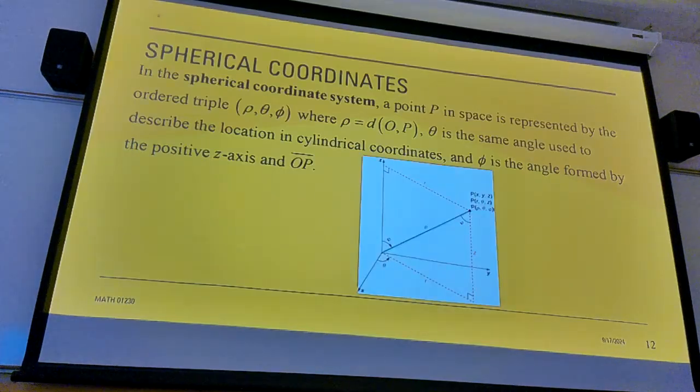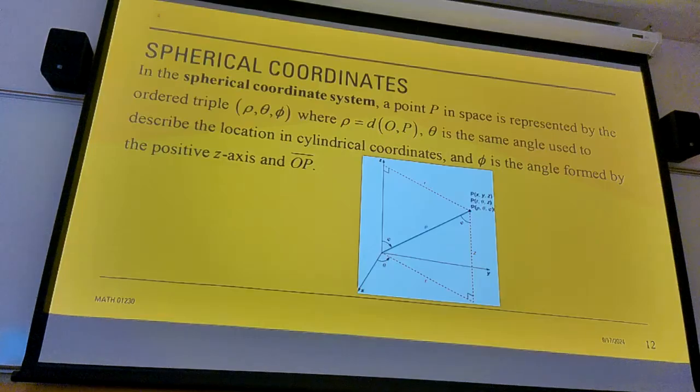So again, in practice, we restrict the values of phi. What do you think we restrict those values to? Negative pi. Too large.